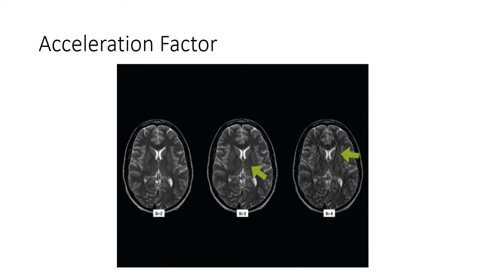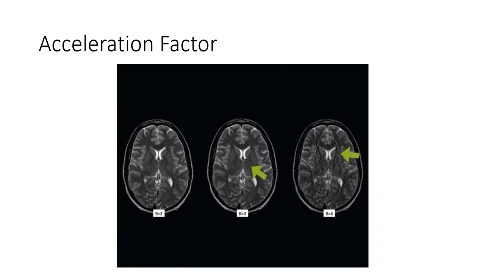The measure that they use for parallel imaging techniques for how fast you want to go is called the acceleration factor. Here we see three images. On the left we have R equals 2, in the middle we have R equals 3, and on the right we have R equals 4. R is the acceleration factor. Essentially the left one is slower, the right one is the fastest.